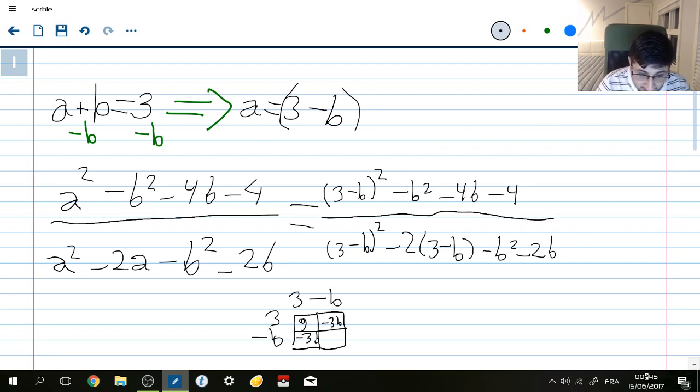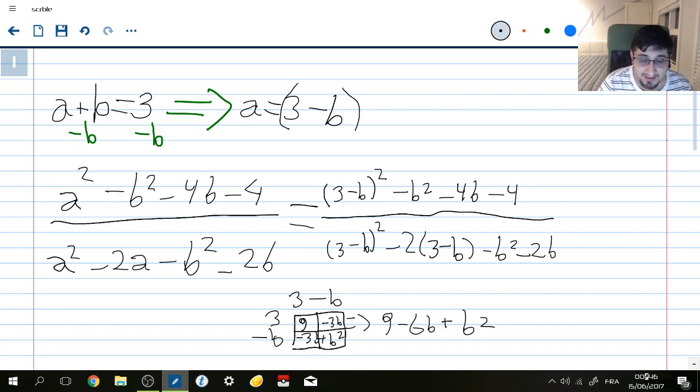Same thing on here. And don't forget, there are both minus signs, so that then becomes a plus b squared. And so then that becomes 9 minus 6b plus b squared.